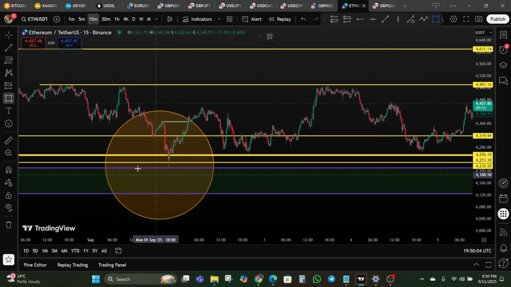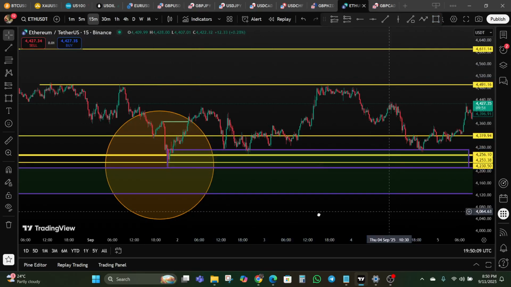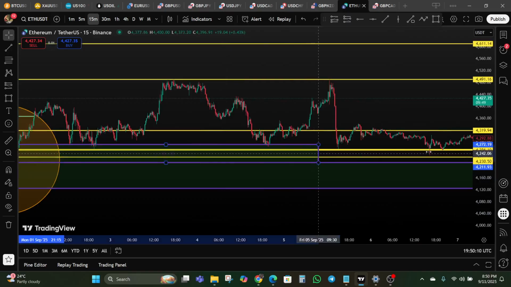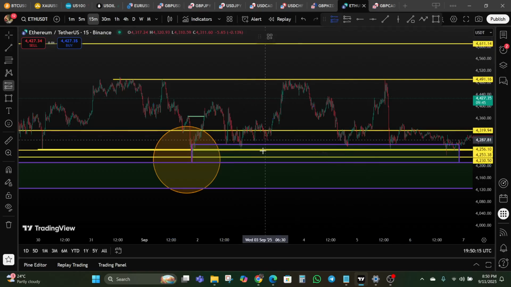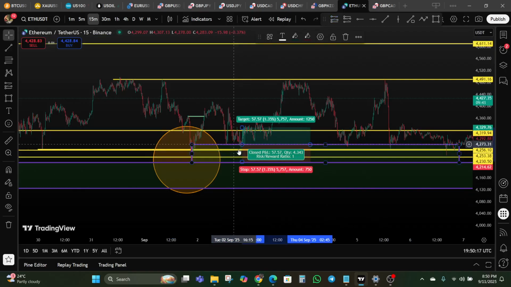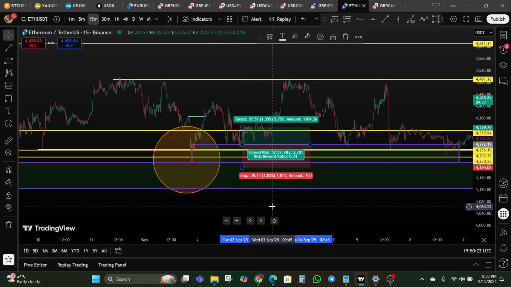So let us watch out for price testing this. Okay, so we can see that price came back and tapped into this. So this would have been a good place to enter a buy trade, as price came back and tapped into this. So you see that we are streamlining to a lower time frame to find an even more precise entry point.